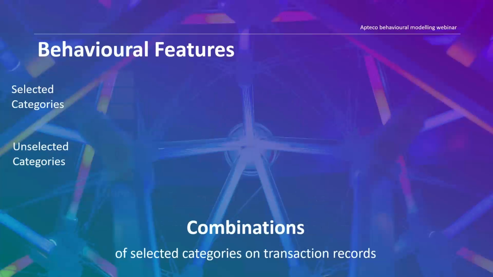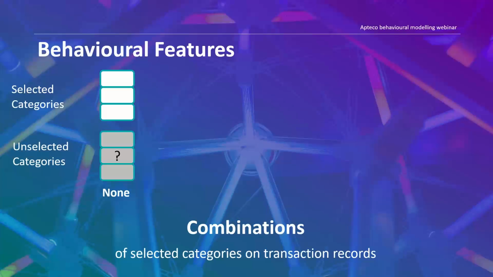Next one is called combinations, and this allows us to look for particular categories. It's a variation of the criteria that I just spoke about. So in this case, I've got 3 selected categories and a number of unselected categories. And the first pattern we can look for is people who have none of the selected categories.